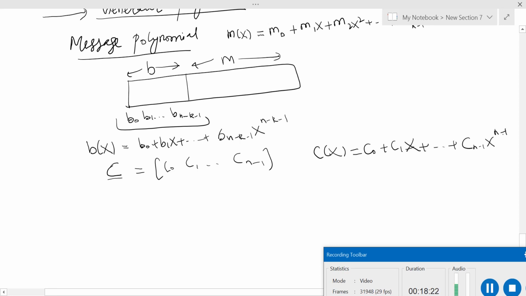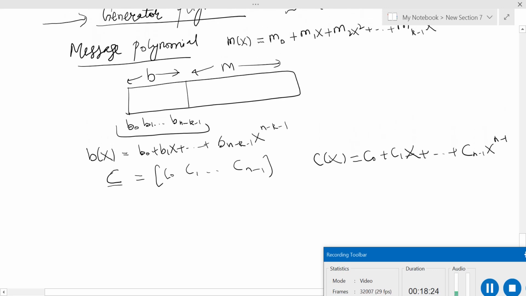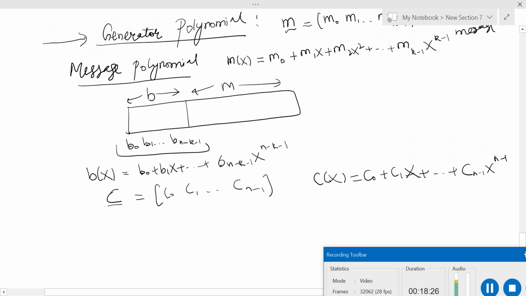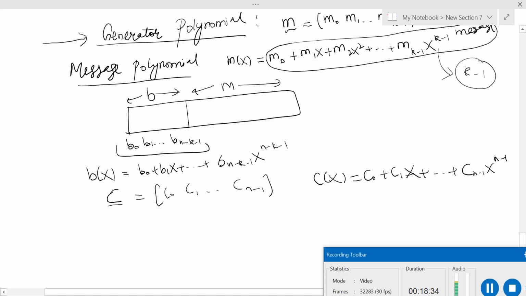So this degree is n minus 1. Now if you look at the message bits, definitely it has a degree k minus 1, and if you concatenate parity bits to it directly, what is the degree of the parity part? Its degree is n minus k minus 1.